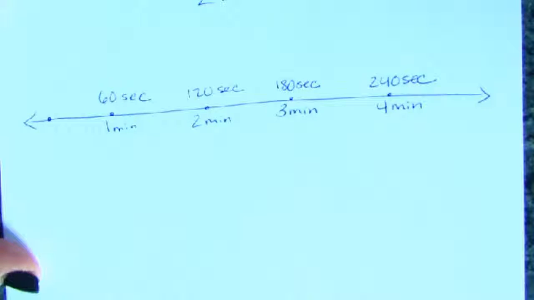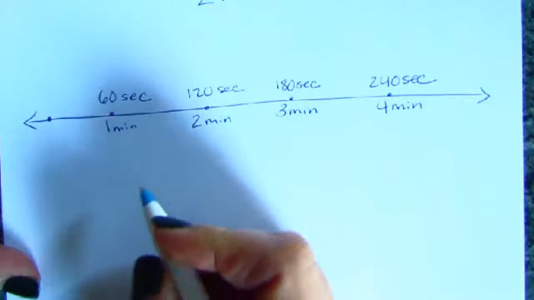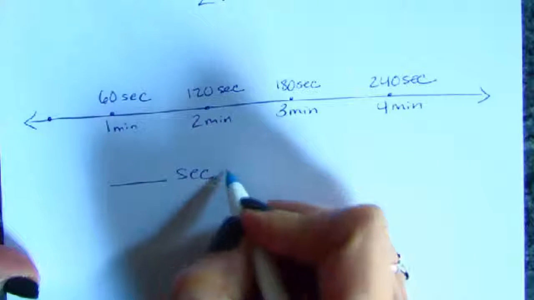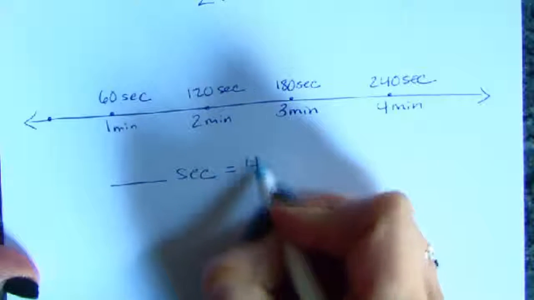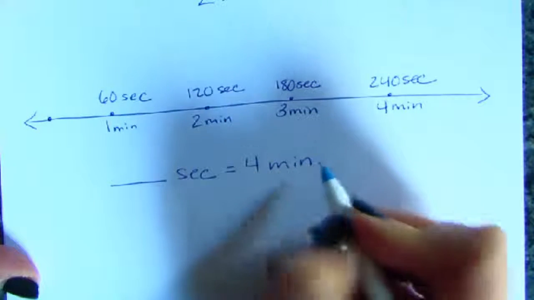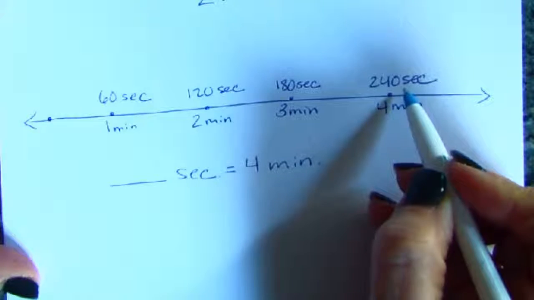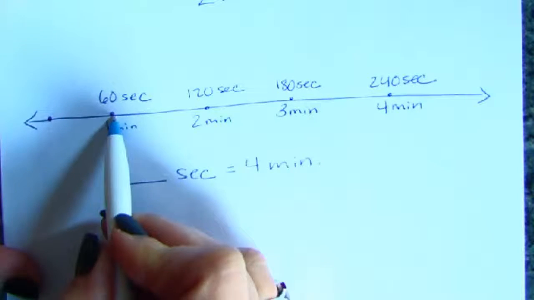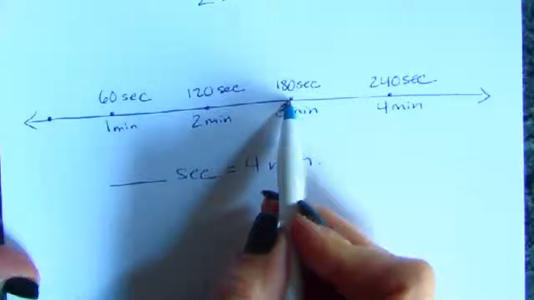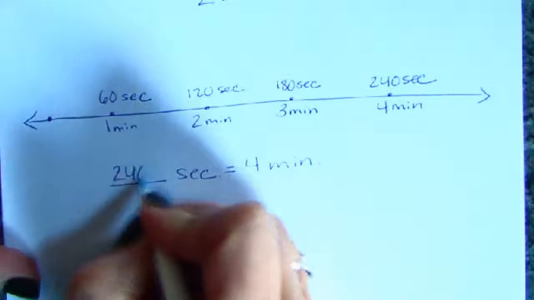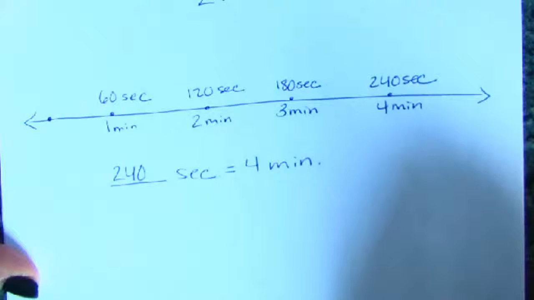Now, how does that help us on the example here? The question on the assessment was how many seconds are there in 4 minutes? Okay, and so we can see on our number line, and we've worked out plus 60, plus 60, plus 60, plus 60, made ourselves a visual here, that we have 240 seconds in 4 minutes.